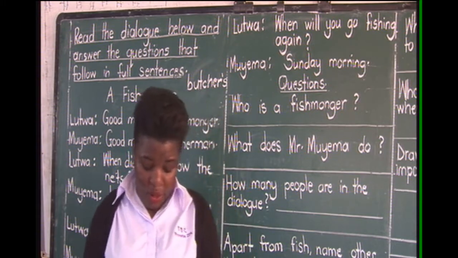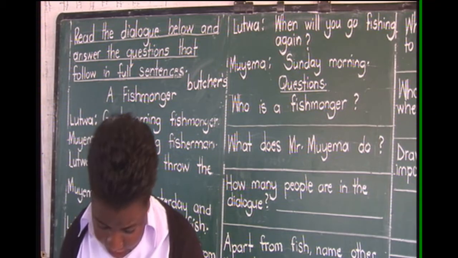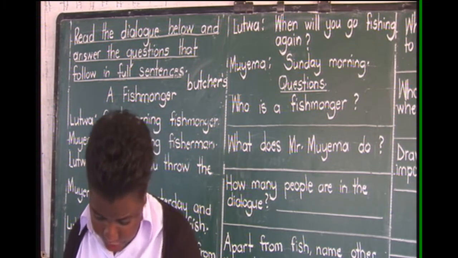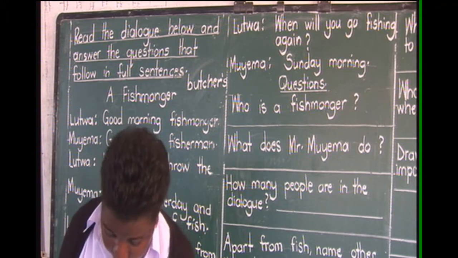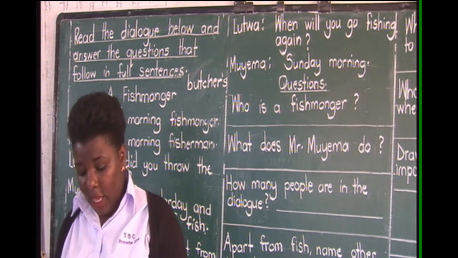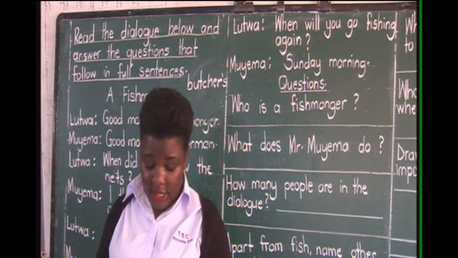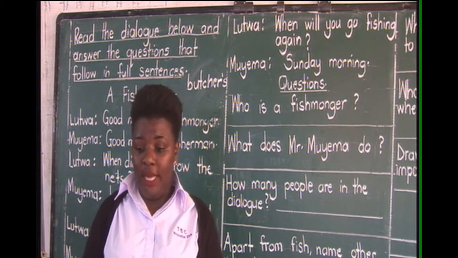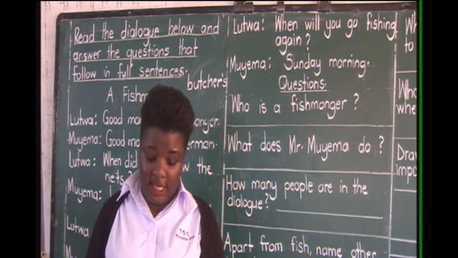So allow me to go to the next page, and the next page is page 20. The instructions for page 20 are on page 19, whereby we have structures, and they are saying, what does a cobbler do? So we expect you to answer in a full sentence.